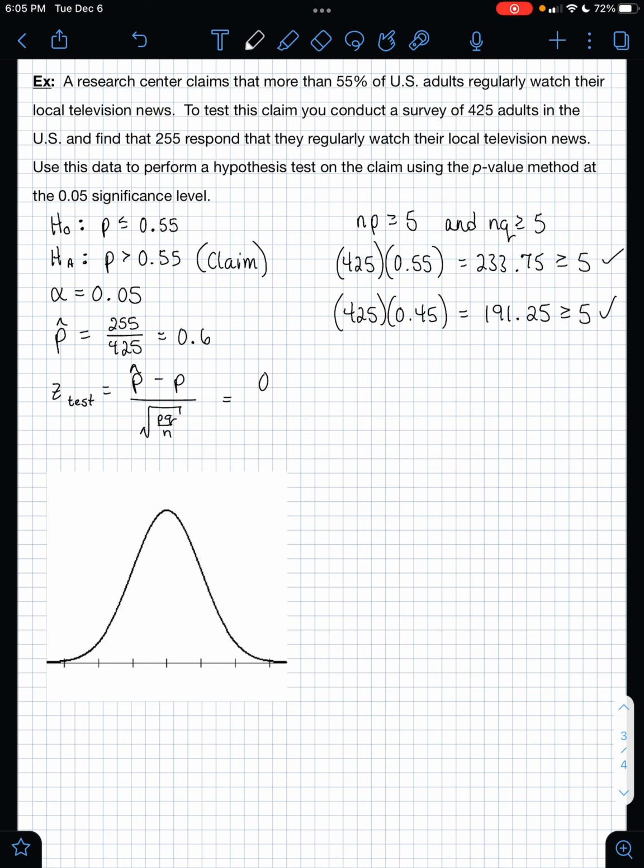So we got 0.6. The claimed p is 0.55. And in the denominator, we have the square root of the fraction, 0.55 times 0.45, over the sample size, 425. And again, remember that entire fraction is underneath the square root.